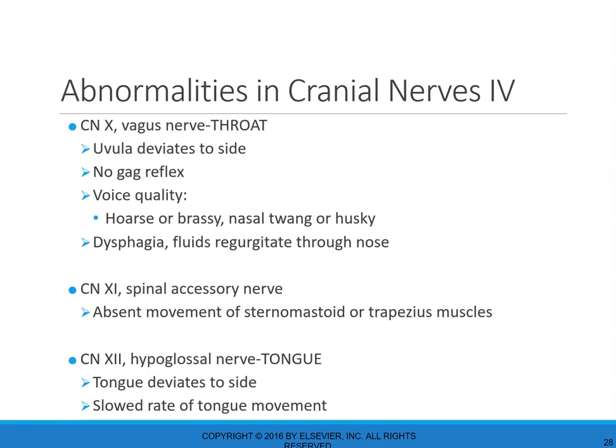For 11, the spinal accessory nerve, they'll have absent movement of the sternomastoid or the trapezius muscles. Number 12, when you ask them to stick their tongue out, it won't be medial protrusion, it'll deviate to the side, or their tongue movement will be very slow.